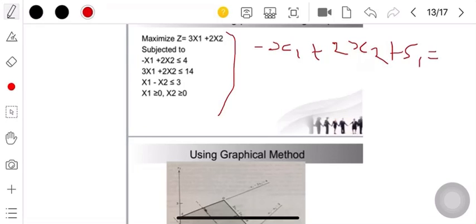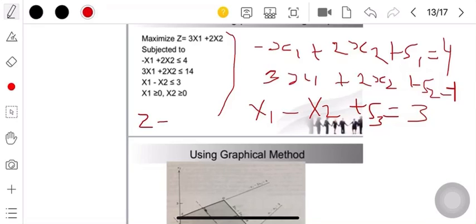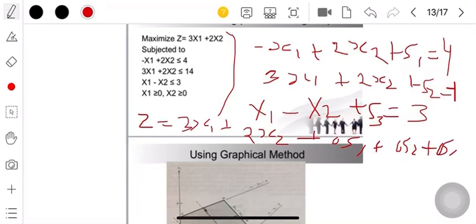In a similar manner, 3x1 plus 2x2 plus s2 equals 14, and x1 minus x2 plus s3 equals 3, where x1, x2, s1, s2 are all positive. And the new objective function is, similarly, maximize z equals 3x1 plus 2x2 plus 0s1 plus 0s2 plus 0s3.